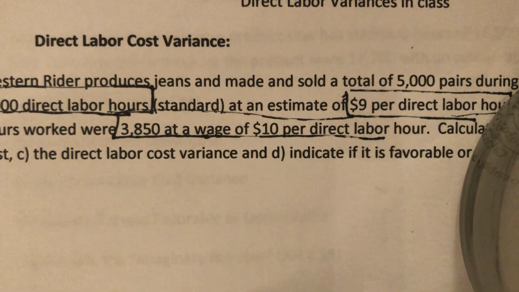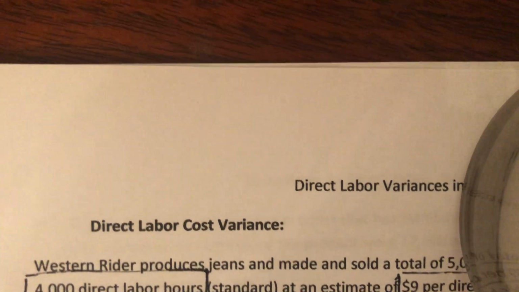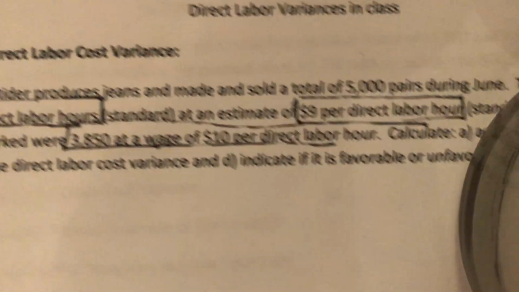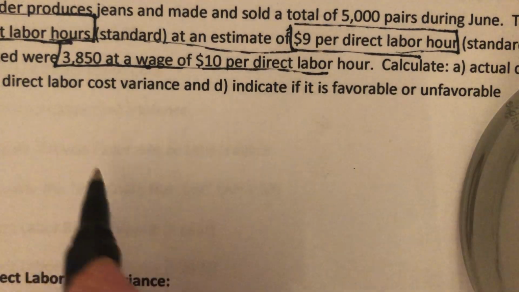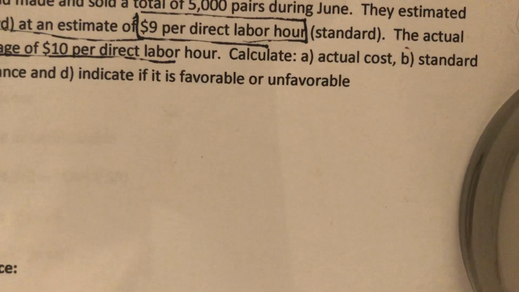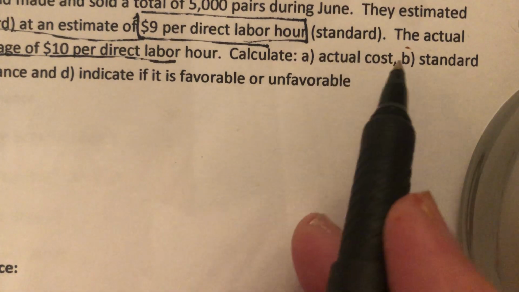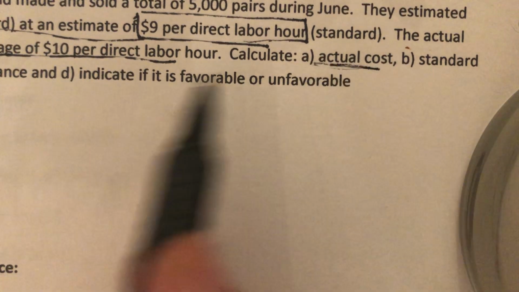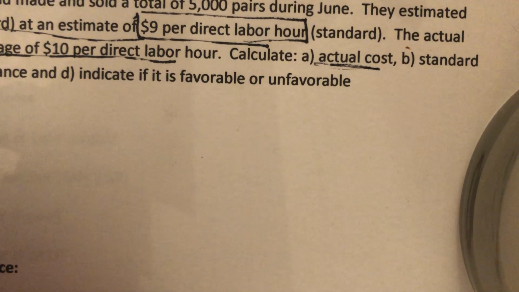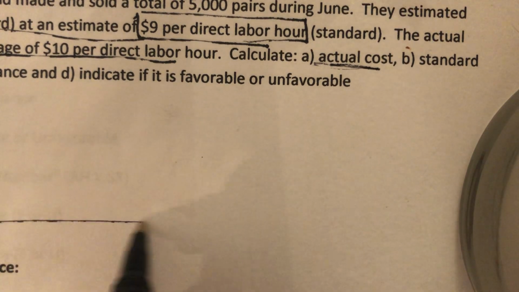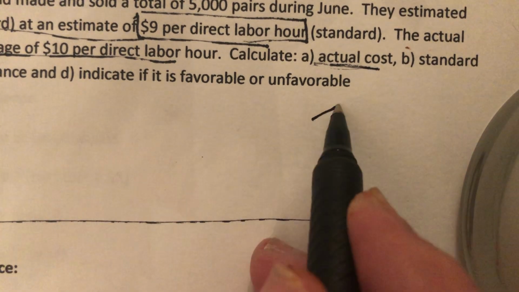Now, if you remember on the materials, it was actual quantity, actual price, standard quantity, standard price. We're going to change that a little bit. So let's draw out our model. First thing we want to get is the actual cost and the standard cost, and we want to get from that what we refer to as the total labor difference.